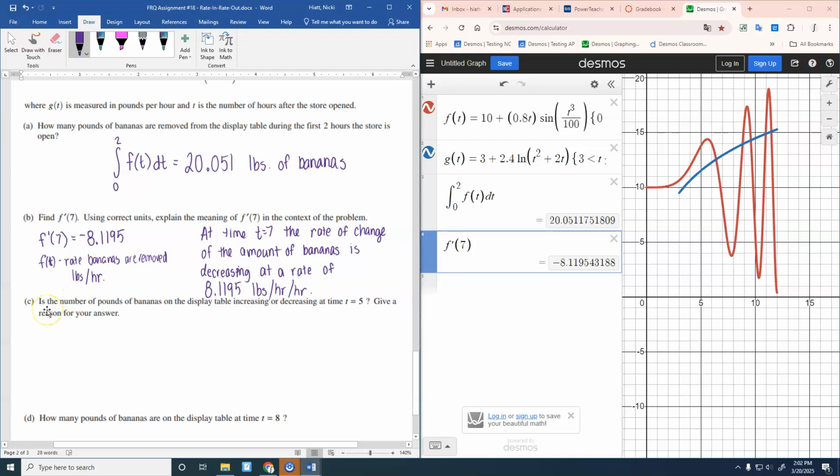Okay? C says, is the number of pounds of bananas on the display table increasing or decreasing at time t equals 5? Give a reason for your answer. What do you guys think?